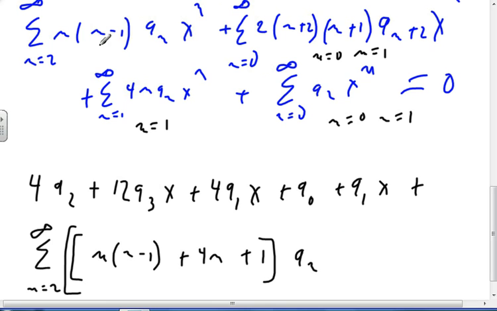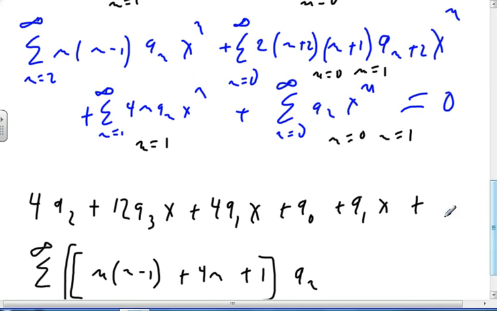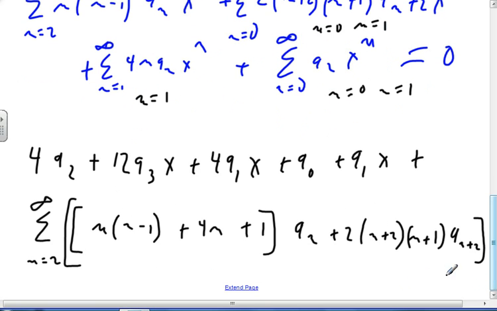What do I have left over? I had this guy left over. I had that guy left over. Plus 2 n plus 2 n plus 1 a n plus 2 times x is equal to 0.